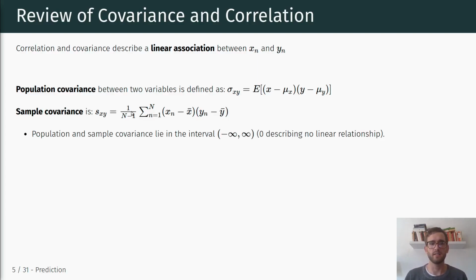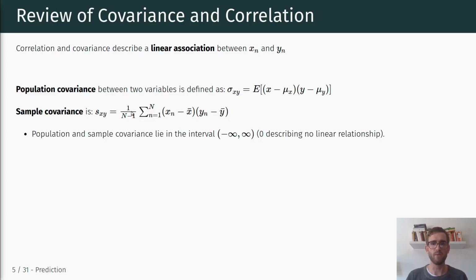Note that the population and sample covariance lie in an interval between minus infinity and plus infinity. So 0 describes no linear relationship, positive is a positive relationship, and vice versa. But the important limitation to note here is that covariance is not unit free.